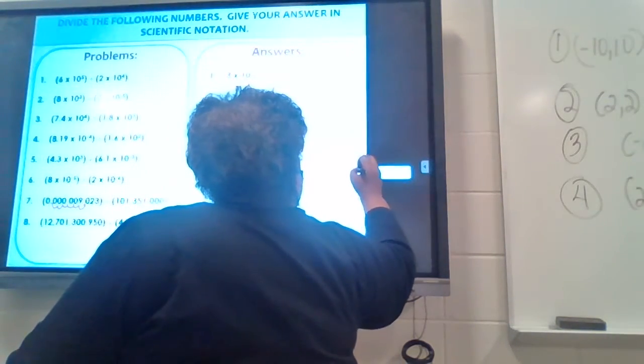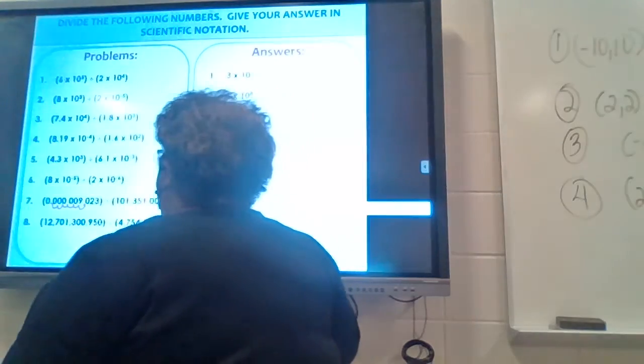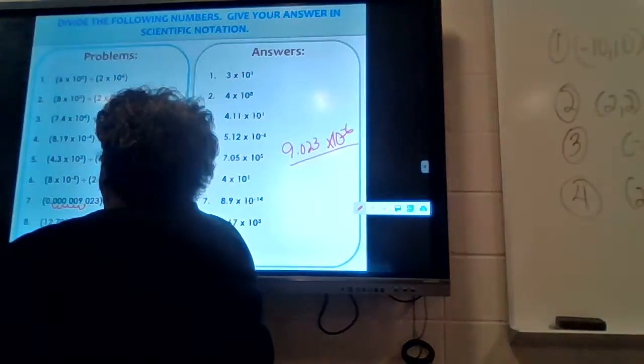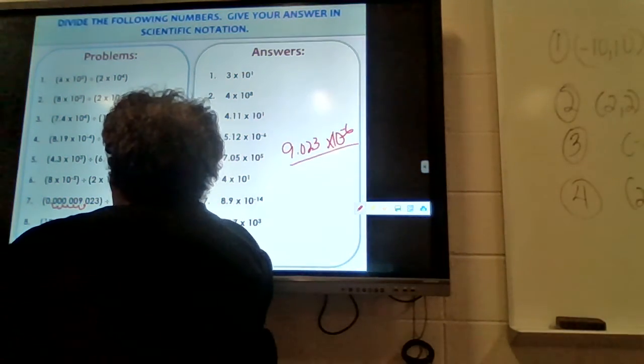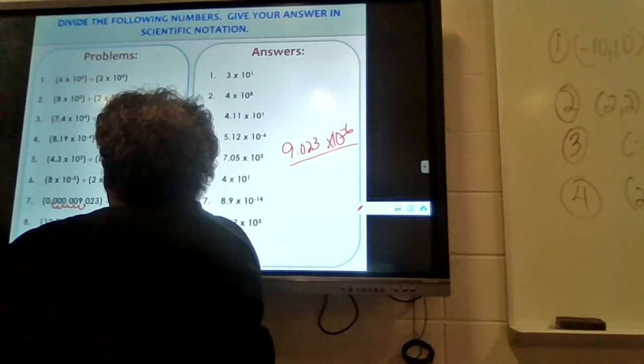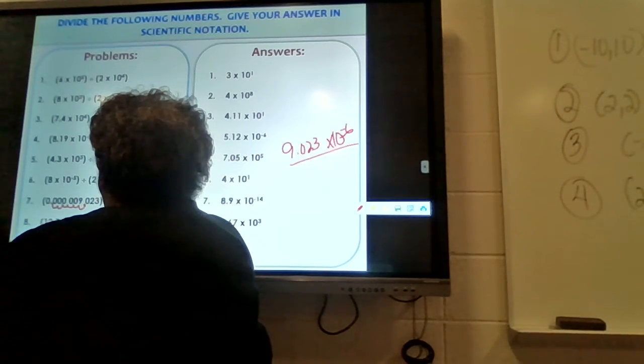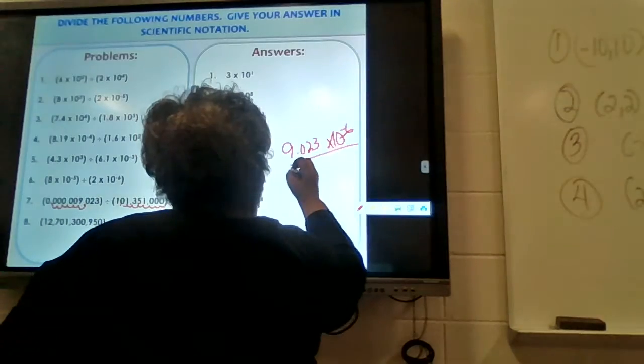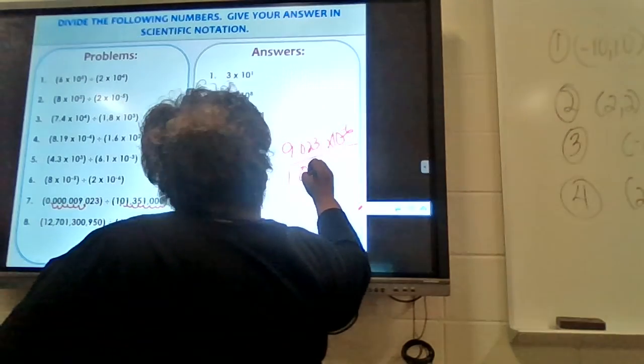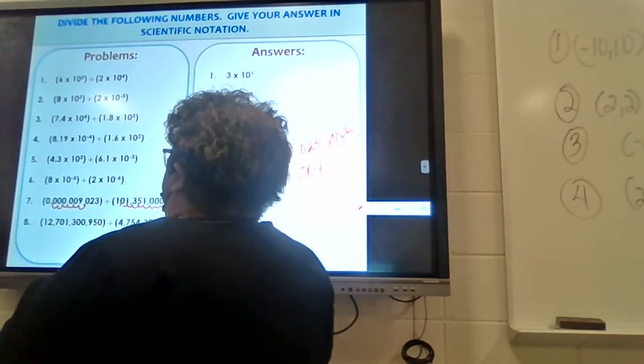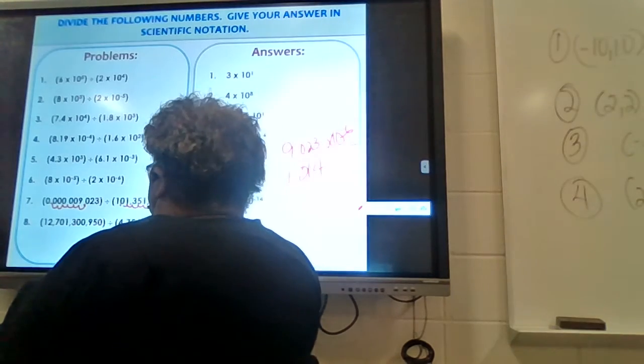And we're going to divide that by, I'm going to put my decimal here, and I'm moving it to the left. 1, 2, 3, 4, 5, 6, 7, 8. So 1.014. I don't need all those numbers.